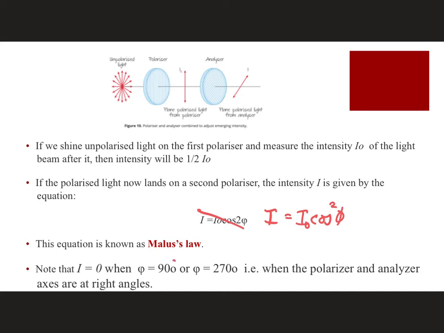Notice that with cos squared, we know that cos of 90 degrees is 0, so that means no light, or 0 intensity, will make it through. This will be repeated again at 270 degrees. This is one of those equations, just like Snell's law or Faraday's law, that has a name, so it's a good thing to recognize.